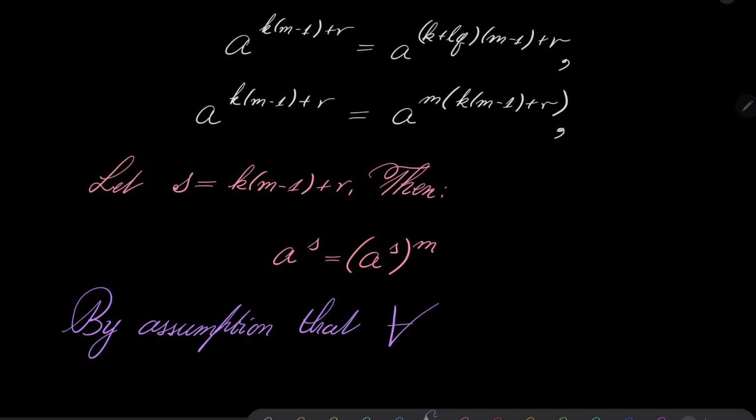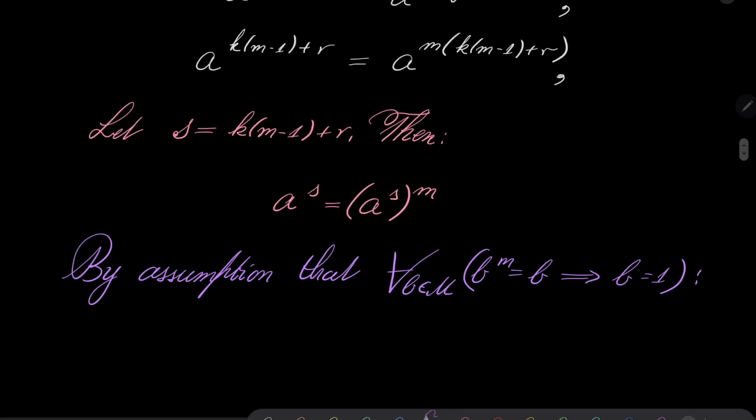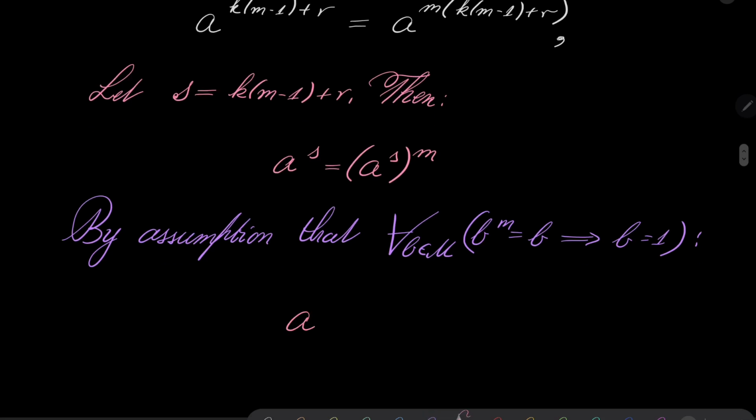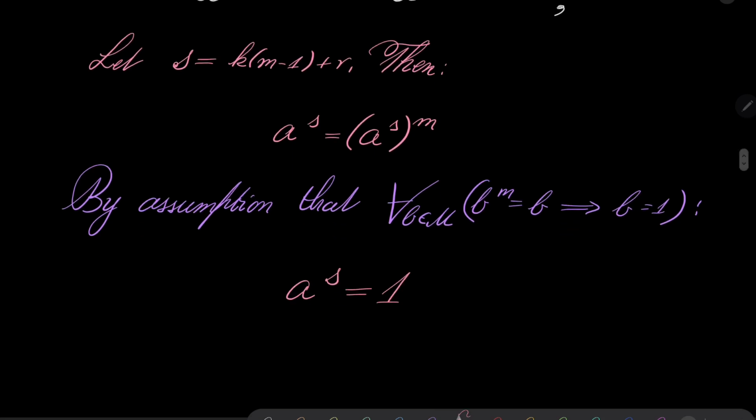that for every element b of our monoid, if b to the power of m equals b, then b equals 1, we can safely conclude that a to the power of s equals 1. Which means that a times a to the power s minus 1 equals 1.